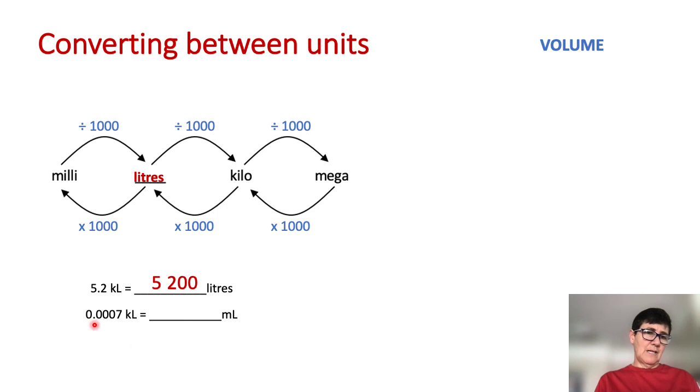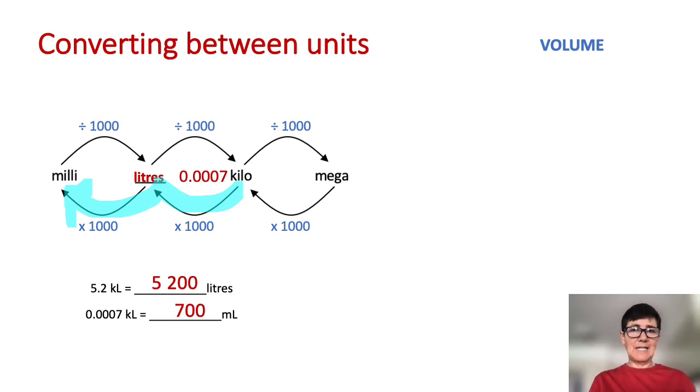But if I've got this many kilolitres and I want to know how many mils, so I'm going to put it near my kilos. Mils, jump it twice. Do what it says, times it by 1,000, times it by 1,000, and I get 700 millilitres.